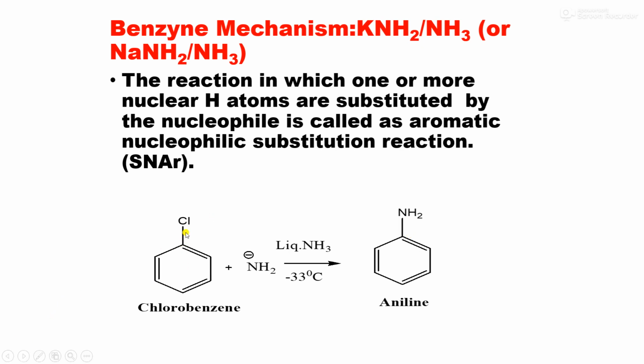So consider this is the reaction. This is chlorobenzene. NH2 minus nucleophile attacks in place of chlorine in liquid ammonia, and this reaction takes place at minus 33 degree Celsius. There is a nucleophilic substitution.